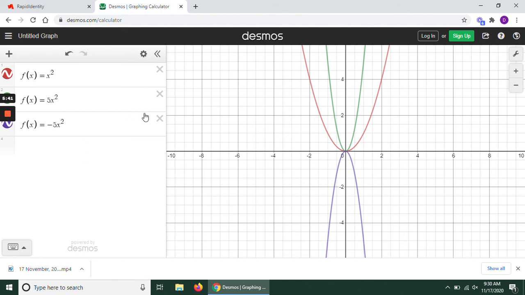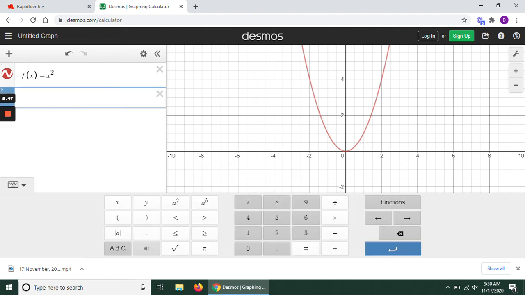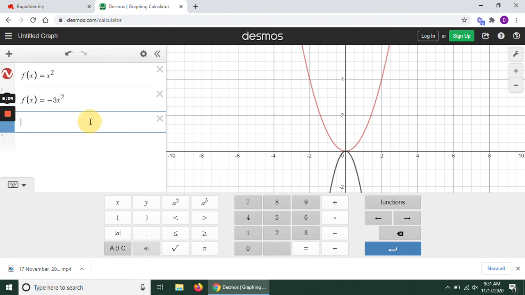All right. Let me clear these two spaces. Okay. I'm going to retype the parent function. And I'm going to type a -3 before it.